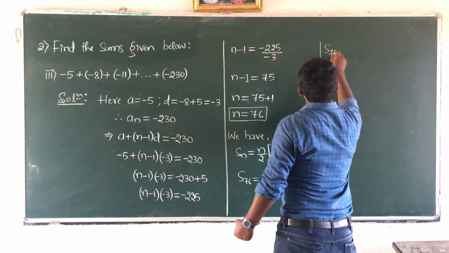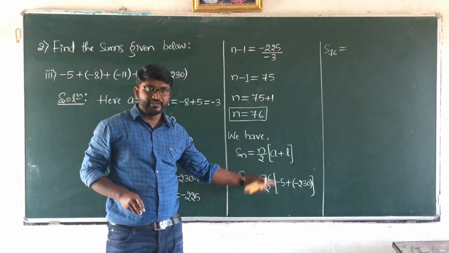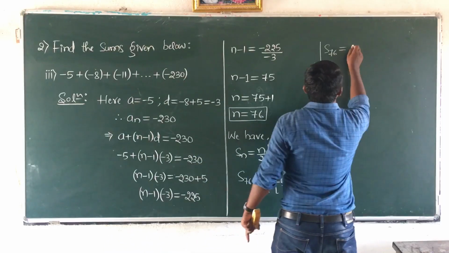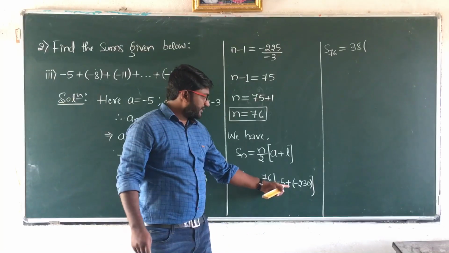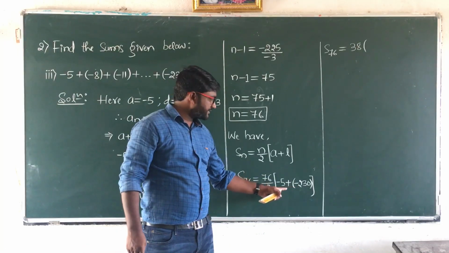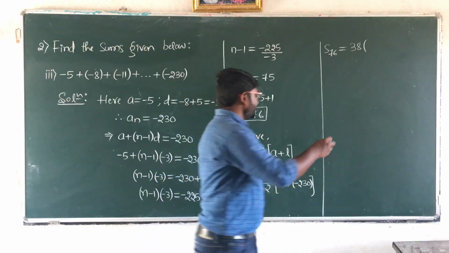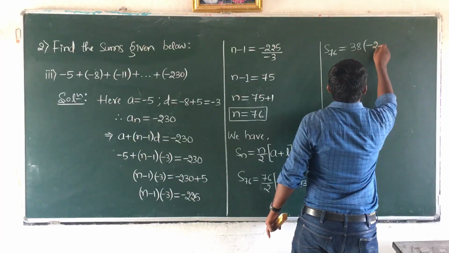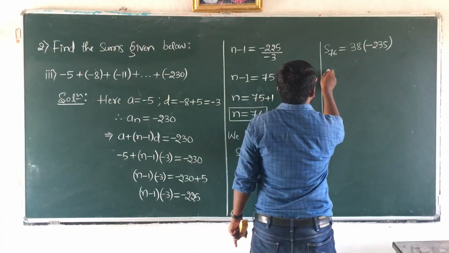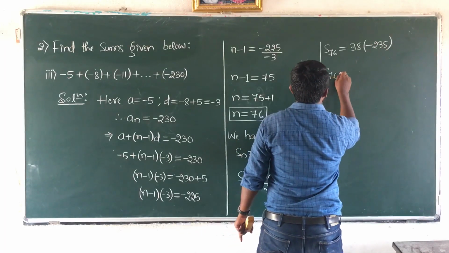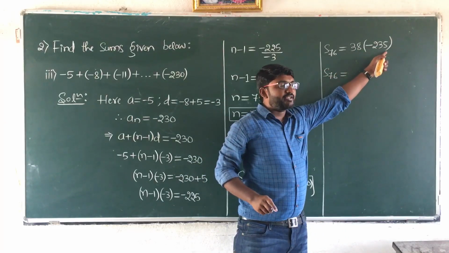S76 is equal to, so see here, 76 divided by 2 is 38 into plus into minus, it is minus. Minus 5 minus 230 will give us minus 235. So S76 is equal to 38 into minus 235.